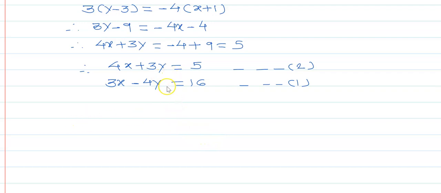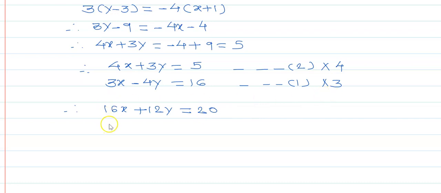To solve simultaneously, multiply equation 2 by 4 and equation 1 by 3, and then add these two equations. 4 into 4x gives 16x + 12y = 20.